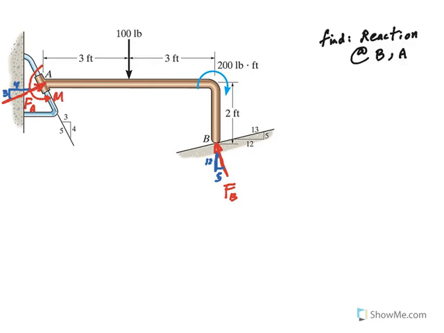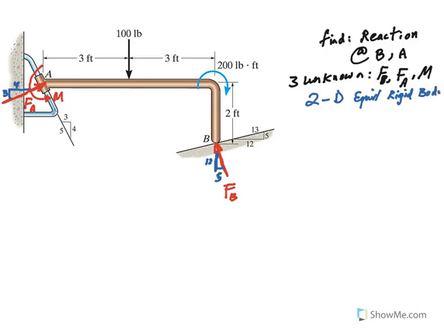So right now we have three unknowns: the reaction at B, F sub B, F sub A, and also the moment reaction at A. Our objective is to find these three reactions. We know that we have three equations for a two-dimensional rigid body equilibrium problem: sum of the forces in X equals 0, sum of the forces in Y equals 0, and sum of the moments equals 0.